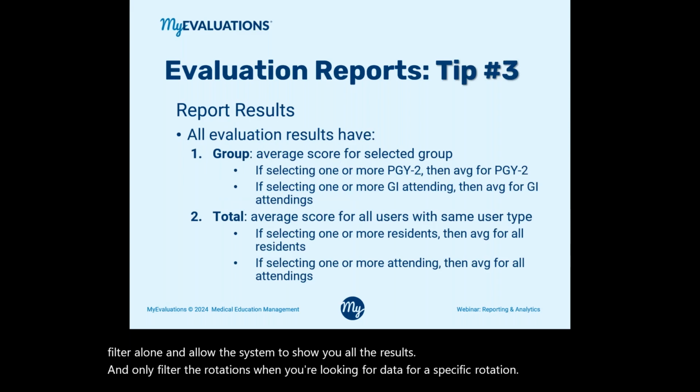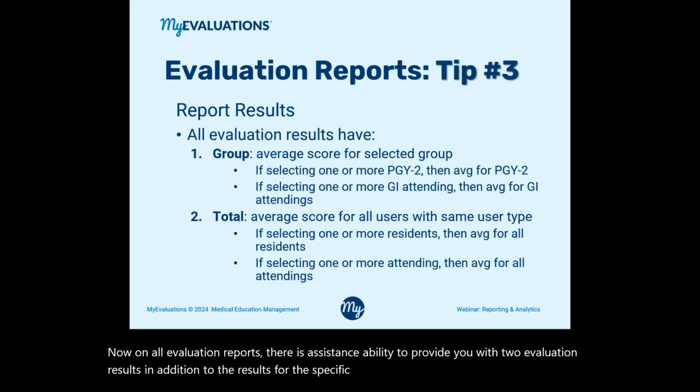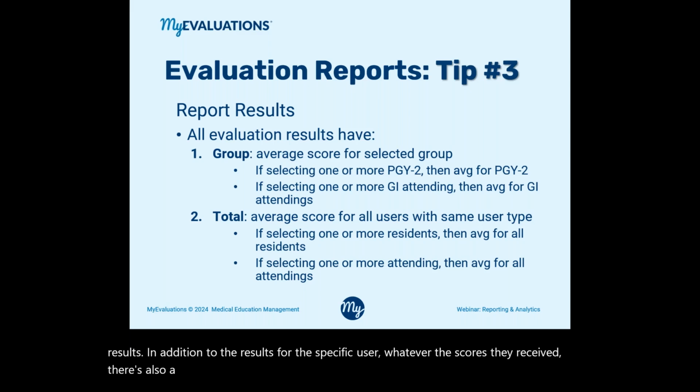Now, on all evaluation reports, there is the system's ability to provide you with two evaluation results. In addition to the results for the specific user, whatever the scores they received, there's also a group and a total. Nearly all the reports will show you a group and a total result.